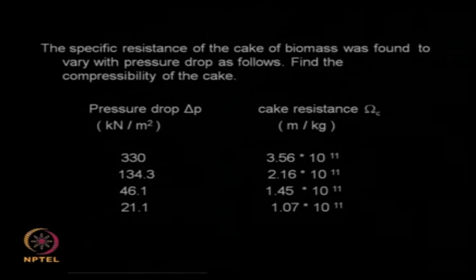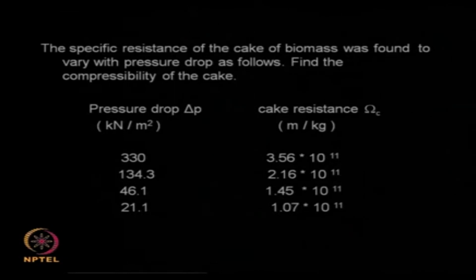So imagine I have done some experiments, and at different pressures delta P you get different cake resistance. So what do we do? You can plot the logarithm of delta P and logarithm of cake resistance and see how the line looks, whether it passes through the origin or whether it does not pass through the origin.